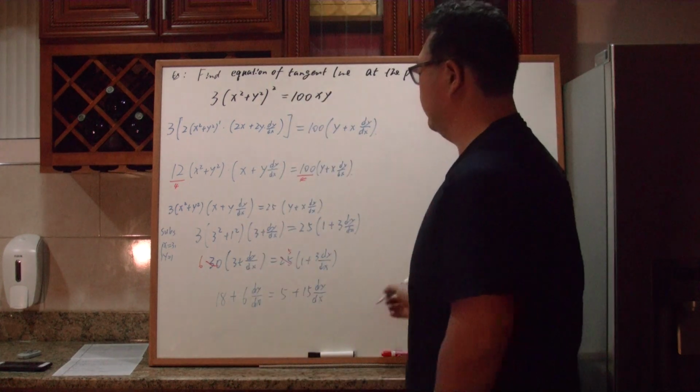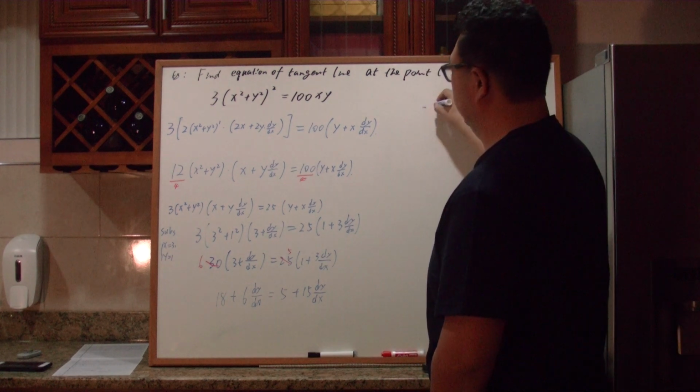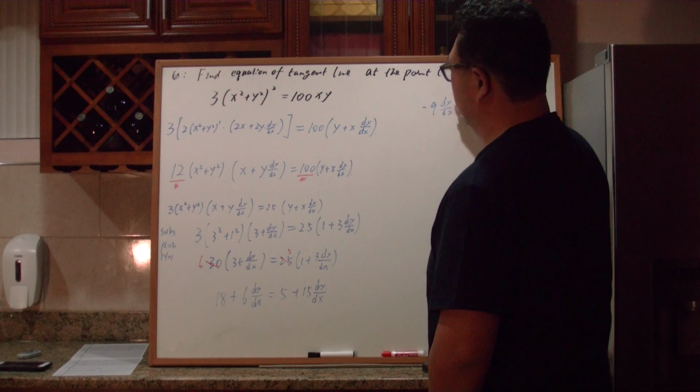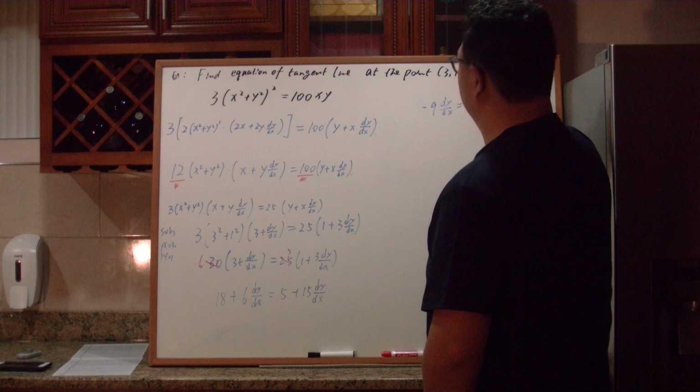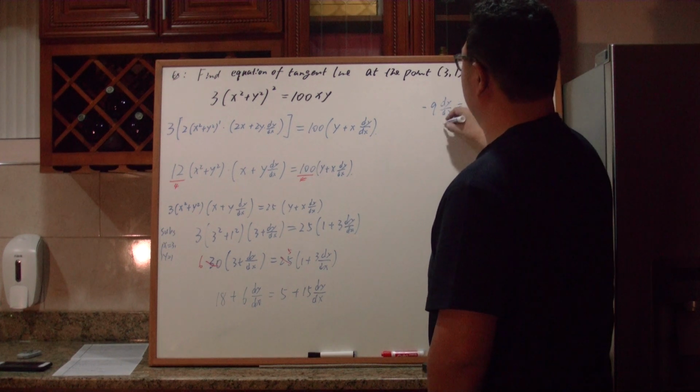Then we subtract on both sides, and we get negative 9 dy dx equal 8 minus 15, that's 5 minus 18, that's 13.